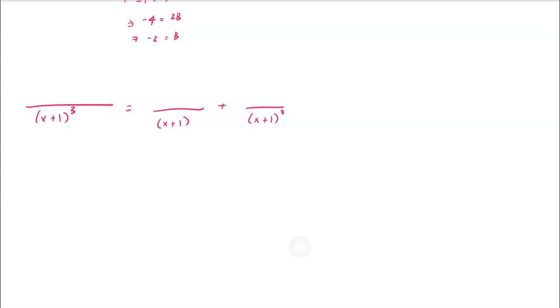Because there's one x plus 1 and there are 3 factors that are x plus 1s, the common denominator would be x plus 1 to the third. It could also be made up of x plus 1 to the second plus x plus 1 to the third. It could be made up of those two denominators.